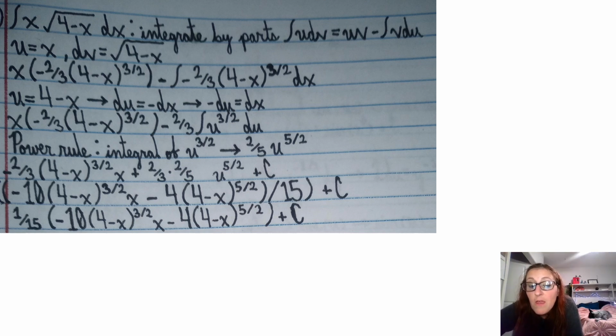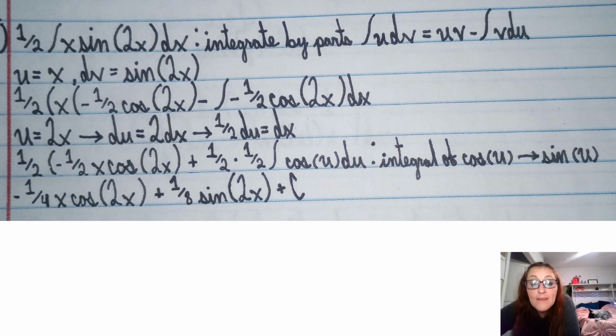Integral of u to the 3/2 gives us 2/5 u to the 5/2. -2/3 times 4 minus x to the 3/2 x plus 2/3 times 2/5 u to the 5/2 plus c, which gives us -10 times 4 minus x to the 3/2 x minus 4 times 4 minus x to the power of 5/2 all divided by 15 plus c, which gives us -1/15 times 10 times 4 minus x to the power of 3/2 x plus 4 times 4 minus x to the power of 5/2 plus c.